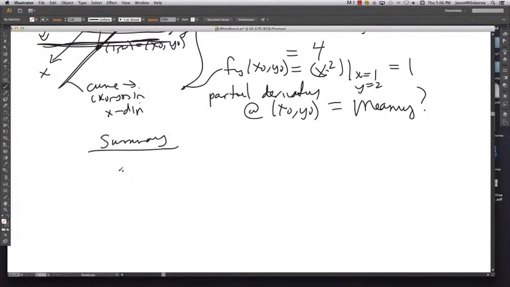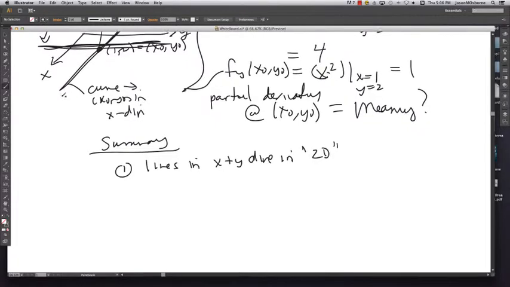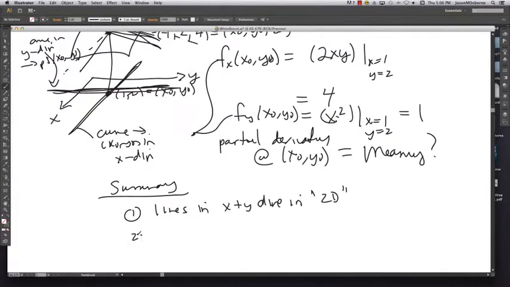Okay. 1, you're going to create lines in the x and y direction in 2D, meaning down here in the plane. You're then going to project lines onto the surface.